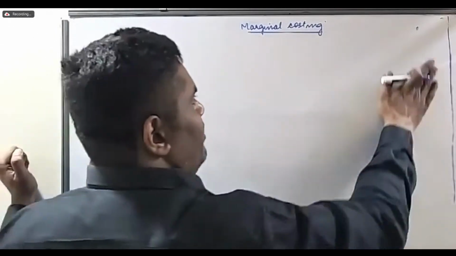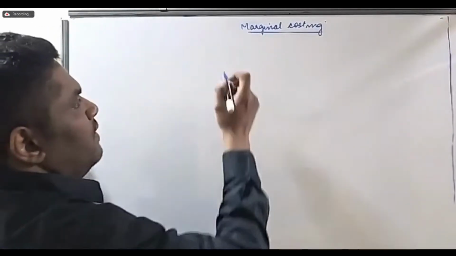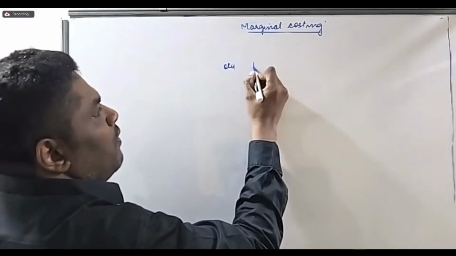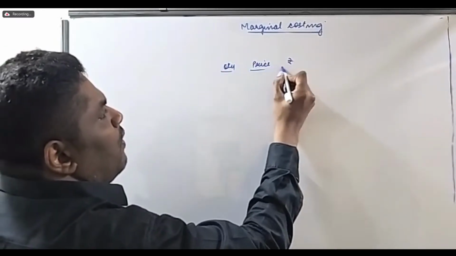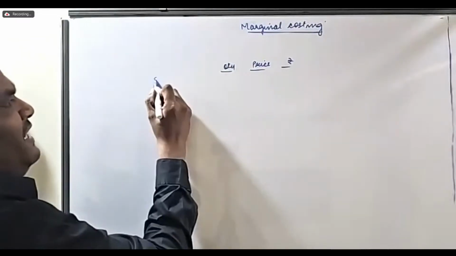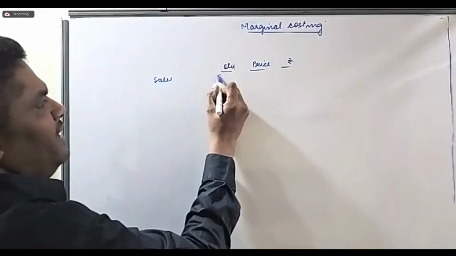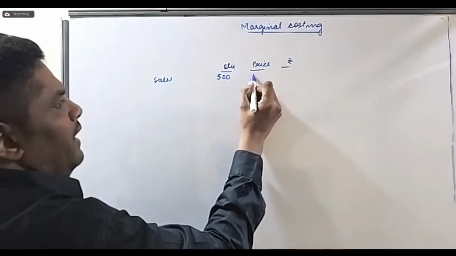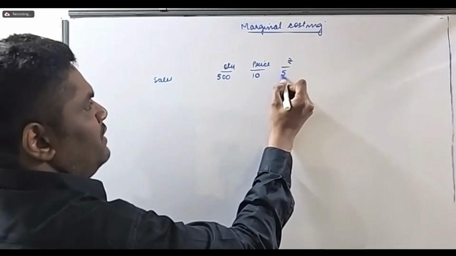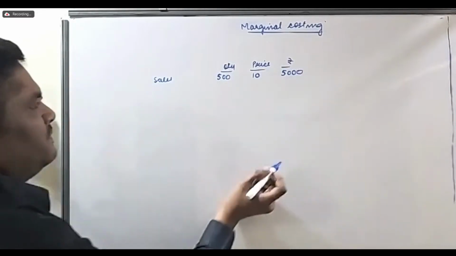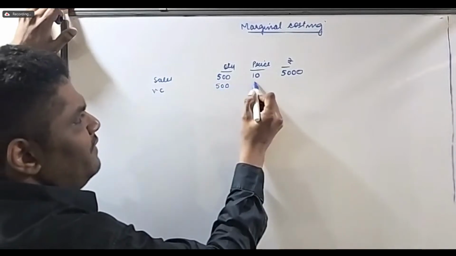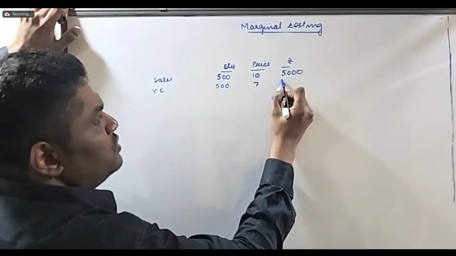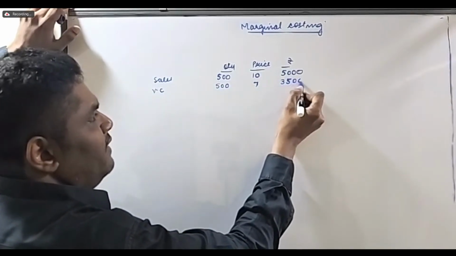Let's take one more question. Let's say I'm manufacturing and selling 500 units at the rate of rupees 10. So my total sales is 5,000. Let's say my variable cost is 7 rupees, so this will be 3,500.